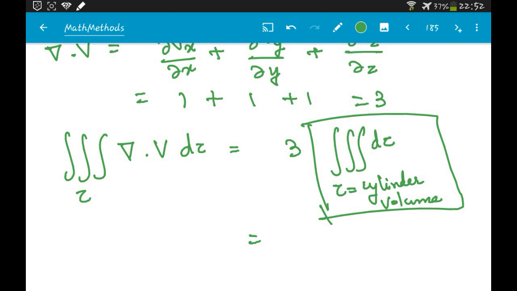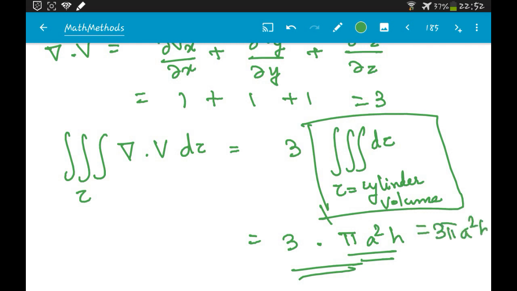So the volume of the cylinder is pi a square h, and our integral reduces to 3 pi a square h. This is our answer.